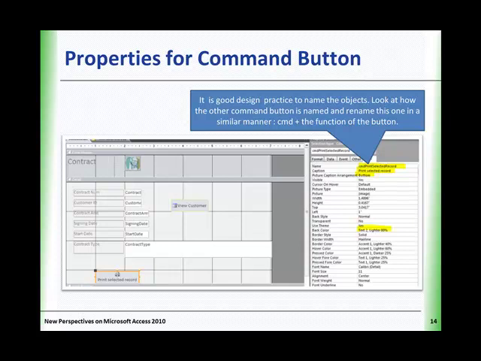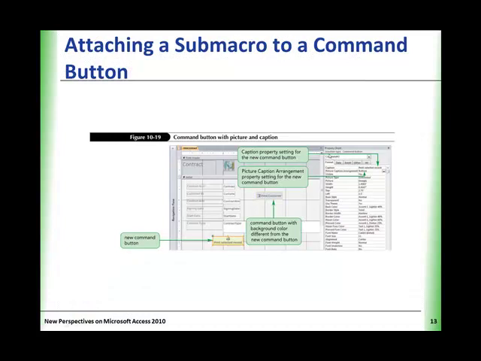Like in this particular case, print selected record. No spaces, and use capital letters to divide the words up so that the eye can easily see that this is what this particular command button does. So you see here I've done the CMD, print selected record. That is the name that I've given command 42.